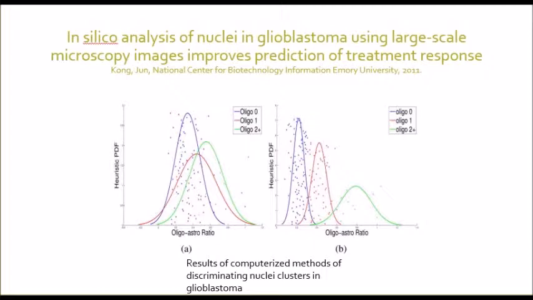The computer analysis presented a better discrimination than traditional neuropathologic review. As you can see by this graph, the use of computerized methods significantly discriminated between clusters of nuclei in glioblastoma. As a result, his analysis method showed a better understanding of disease progression for glioblastoma.